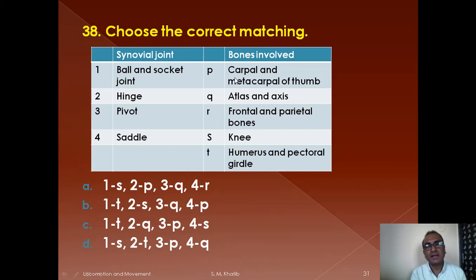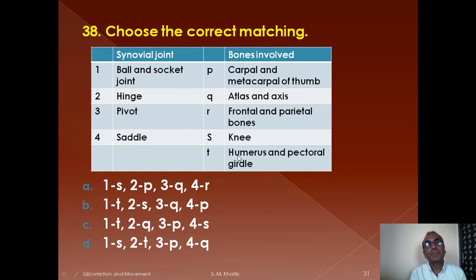On the other side, carpal, metacarpal of thumb, atlas and axis, frontal and parietal bones, knee, humerus and pectoral girdle is given. Now, humerus and pectoral girdle is easy to find out. Humerus and pectoral girdle is ball and socket joint, so one should be connected with what? T. So the answer should be B or C.